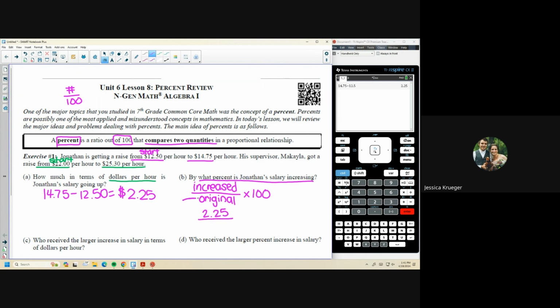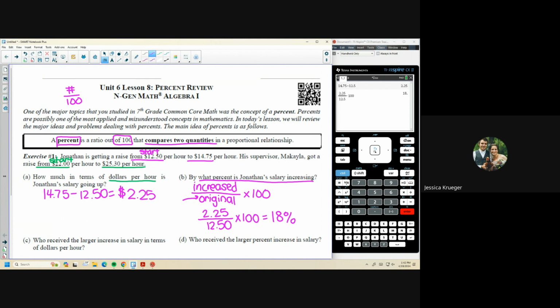We always want to compare it to the original or the amount he started with. So that is $12.50. And then percent, I want to multiply it by 100. So I'm going to do 2.25 over 12.50 times 100. And what I get is that his salary increased by 18%.